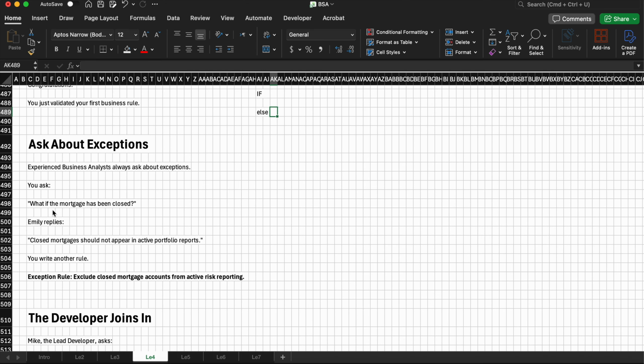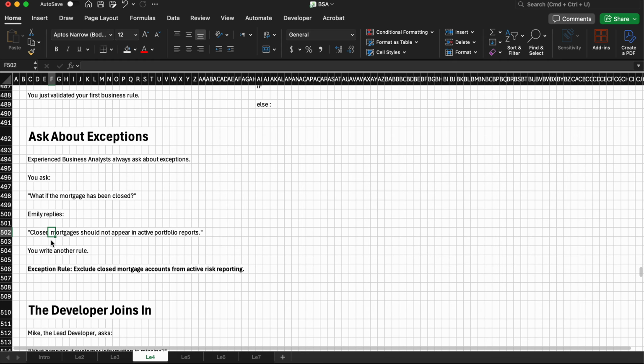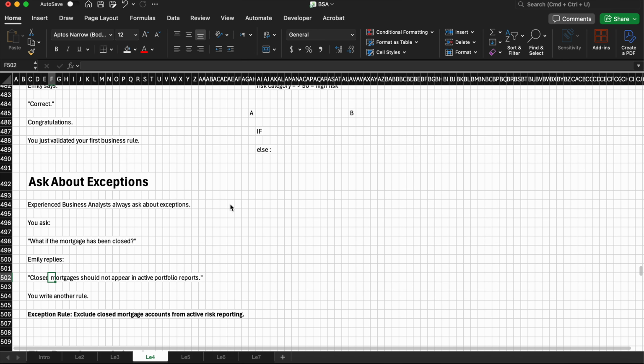So what if the mortgage has been closed? Emily replies, closed mortgages should not appear in active portfolio reports. So we need to take care of that. This is data mining, like what is the data input.